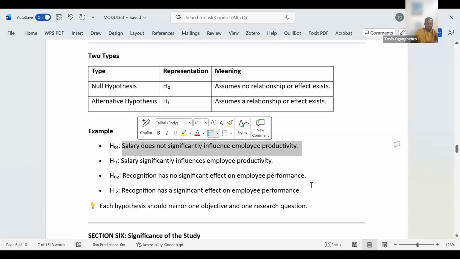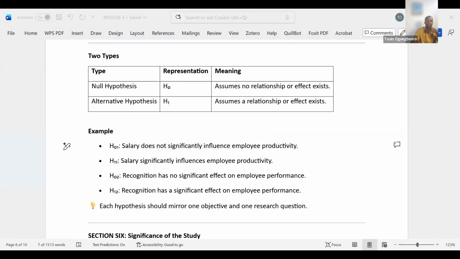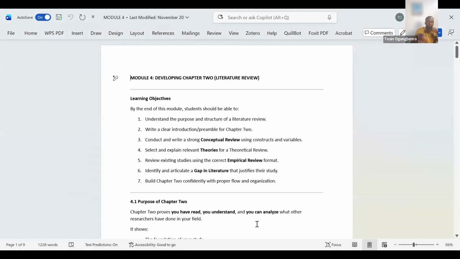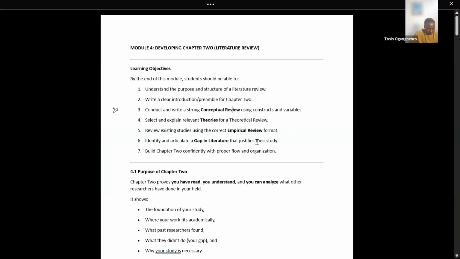All right, let's talk about chapter 2 as quickly as we can. Chapter 2 is one of the most important aspects of any research work. It carries one of the highest marks.